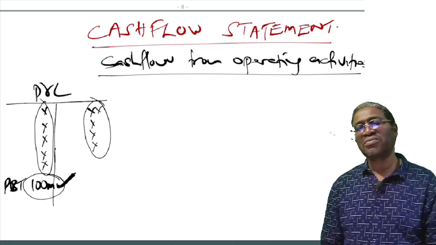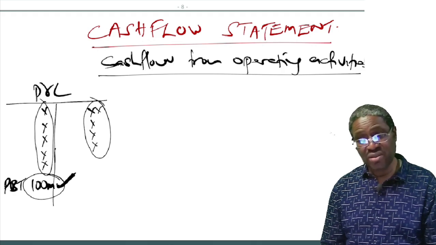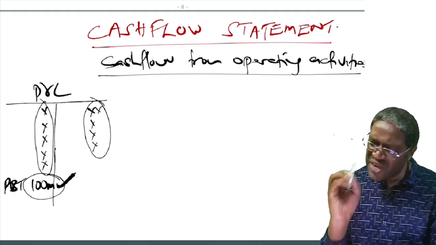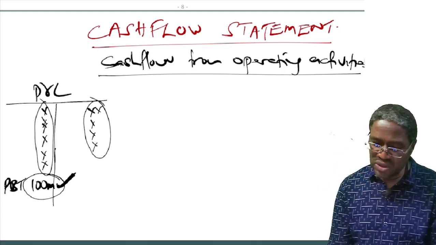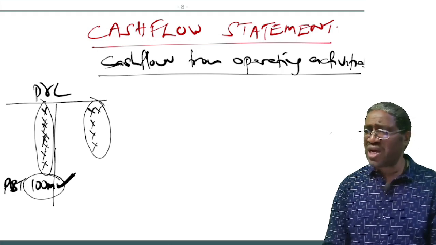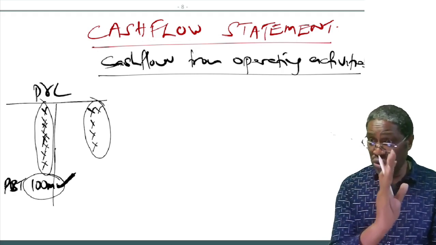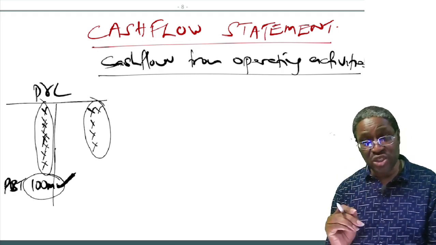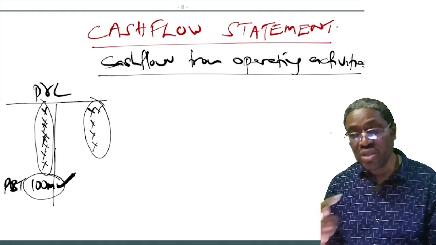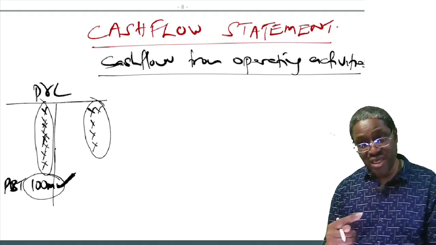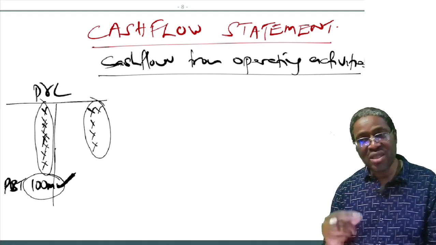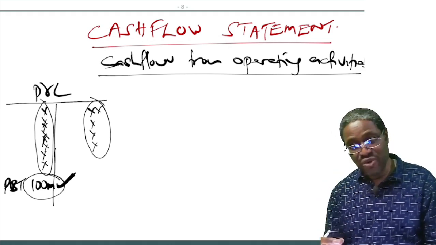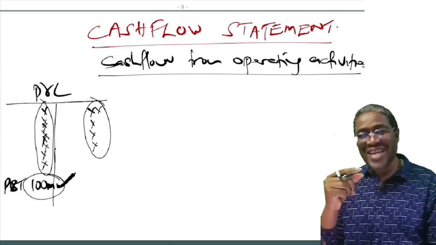Reason being, before I give the reason, we could say this. If everything in the P&L account, both on the debit and on the credit side, was by cash, then you could conclude that the 100 million is the net cash inflow.